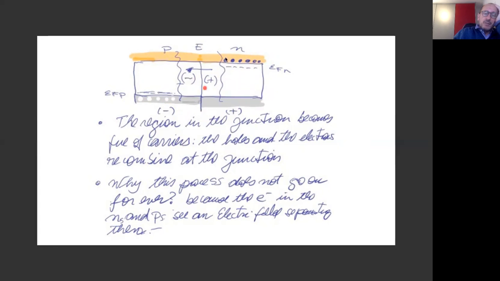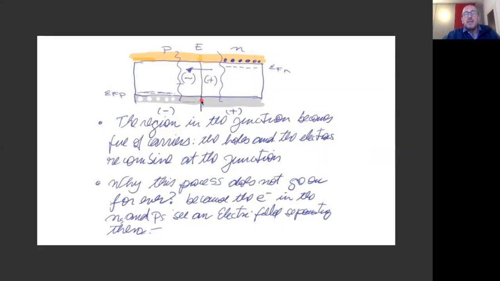All these guys would like to recombine, but we have to remember that linked to each one of the charge carriers that we had here, we have a positive charge. The fixed charge of the impurities doesn't move, doesn't go anywhere, doesn't recombine. So there's positive charge on this side linked to the electrons that actually recombine with the holes, and there's negative charge associated with the ones around here.